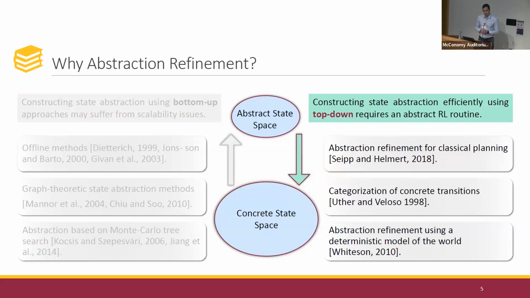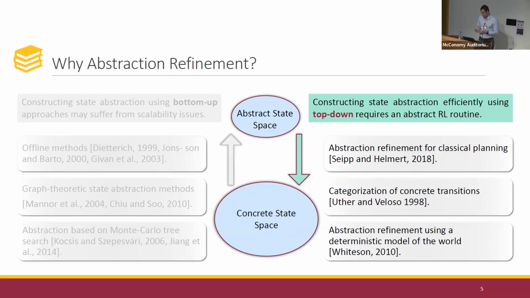On the other hand, in top-down state abstraction, one may start with an initial coarse abstraction and progressively refine it. Building the abstraction using top-down methods could be relatively more scalable compared to bottom-up approaches if it is synthesized with a purely abstract reinforcement learning routine.